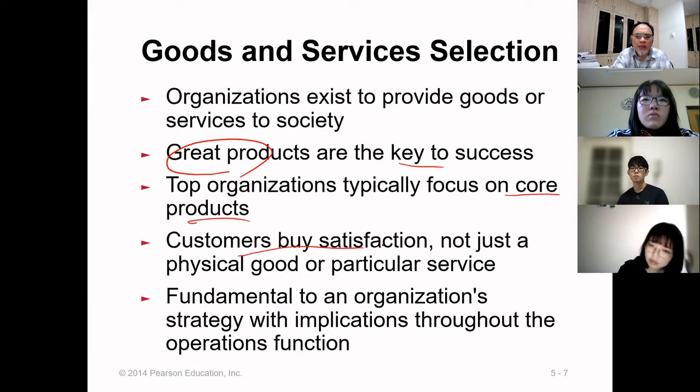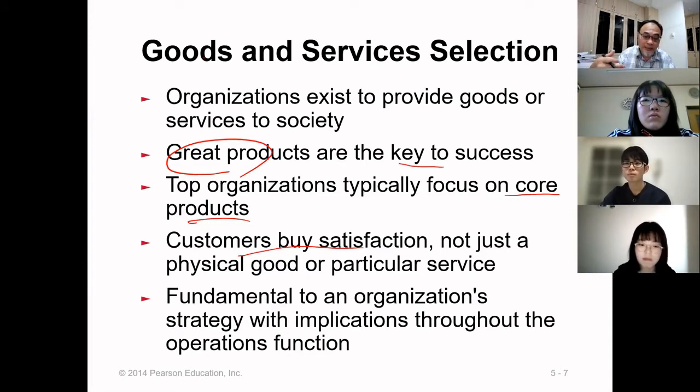So fundamental to any organization's strategy is goods and services selection. It is fundamental. What kind of products are you going to produce? What are you going to design? Before you can produce, you need to design.